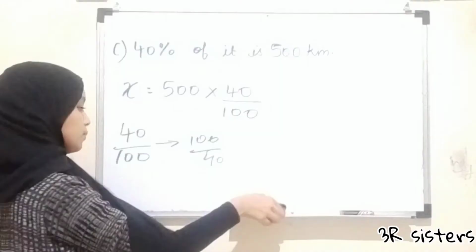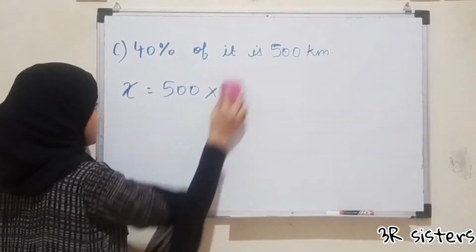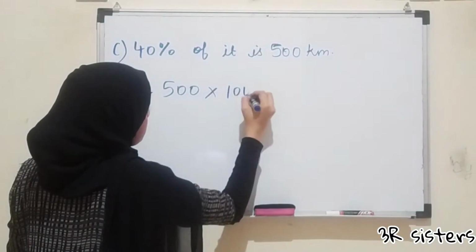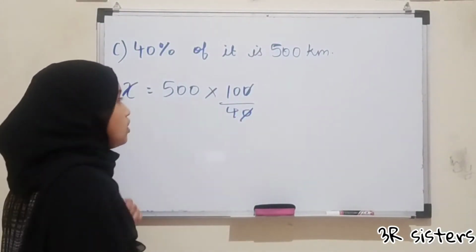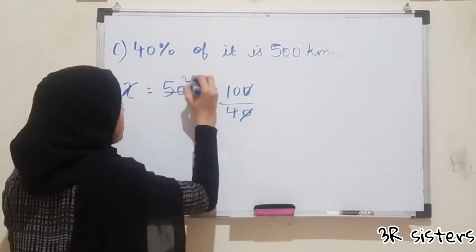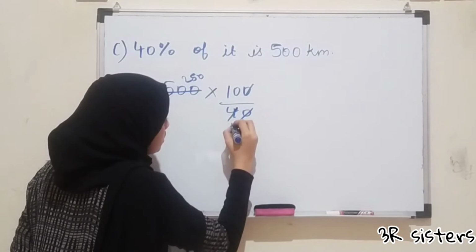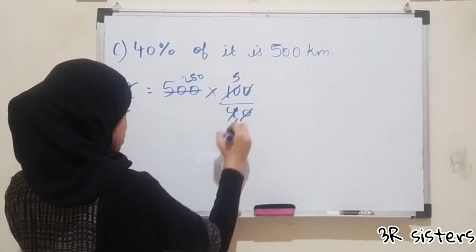So we'll write 100 by 40 instead of 40 by 100. Okay, so 100 by 40, we'll cut this 0 and this 0. Okay, and now this will become 250, this will become 2, this will become 5, and this will become 1.